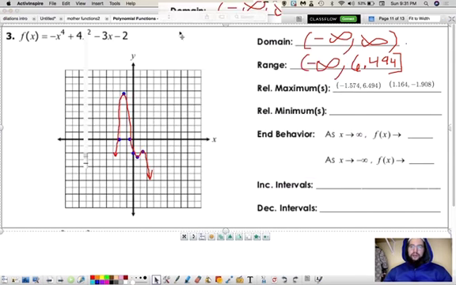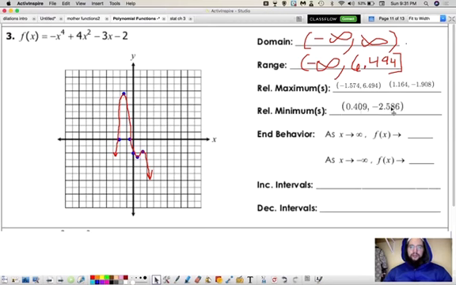The order you put them in does not matter in the least, as long as you put your maximums with your maximums and your minimum with your minimums. So this guy's my minimum, these two are my maximums. In behavior, it's down, down, so that's negative infinity both ways. Interesting note, on my math lab, they will have you picking arrows. So you have multiple choice, and this would be the option to click. It would look something like that. It actually has arrows instead of this infinity notation here.